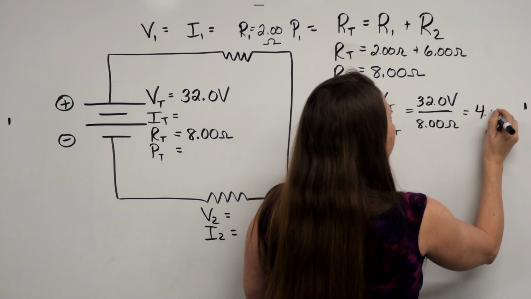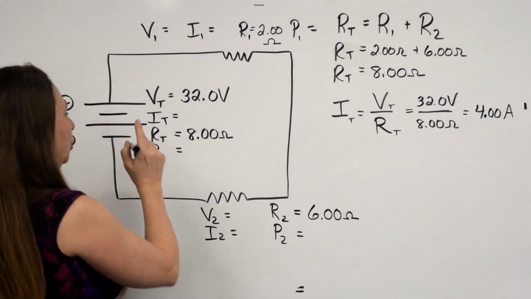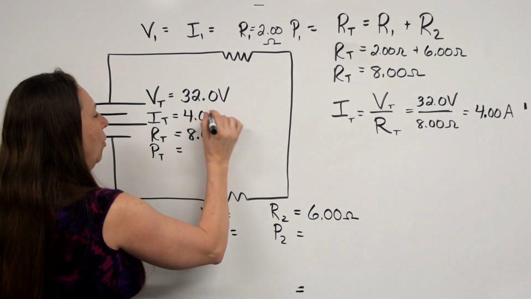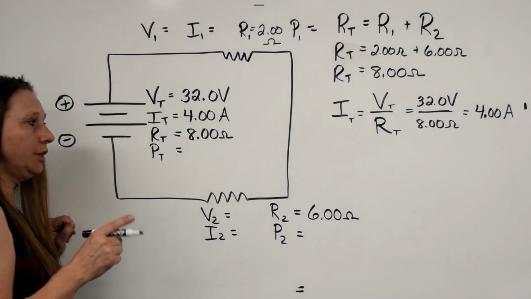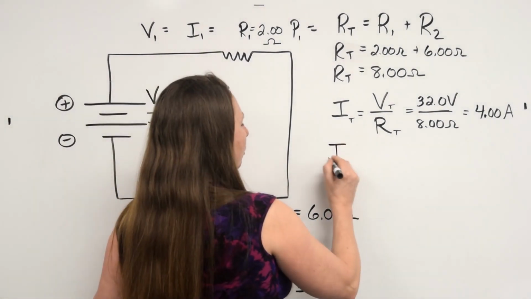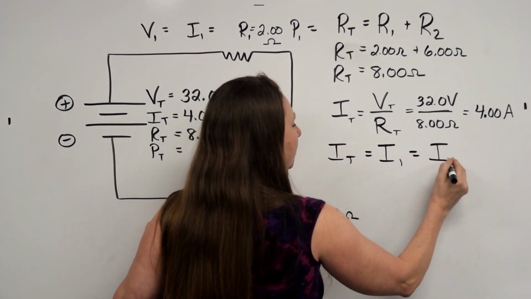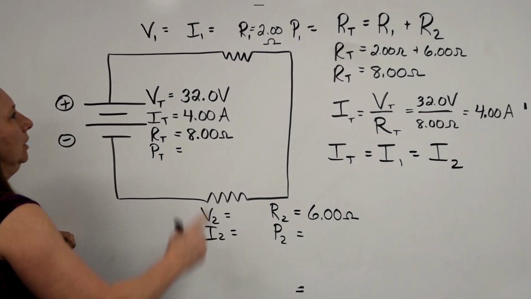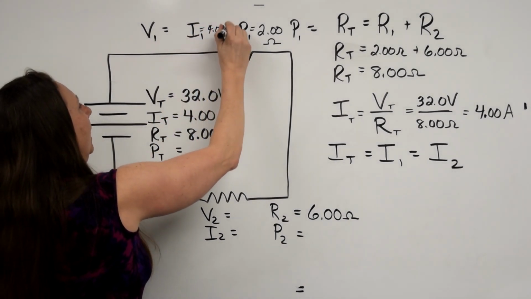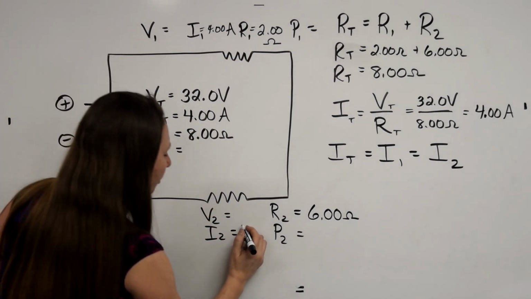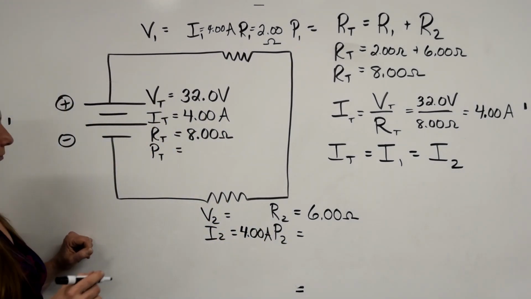That means that the total current is 4 amps. Now, this is a series circuit, so the total current is the same as I1 and the same as I2. So I1 is also 4 amps, and I2 is also 4 amps.